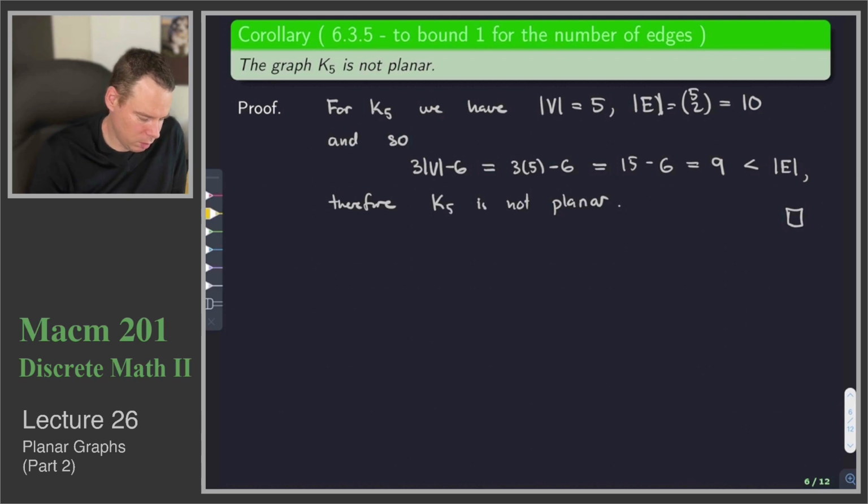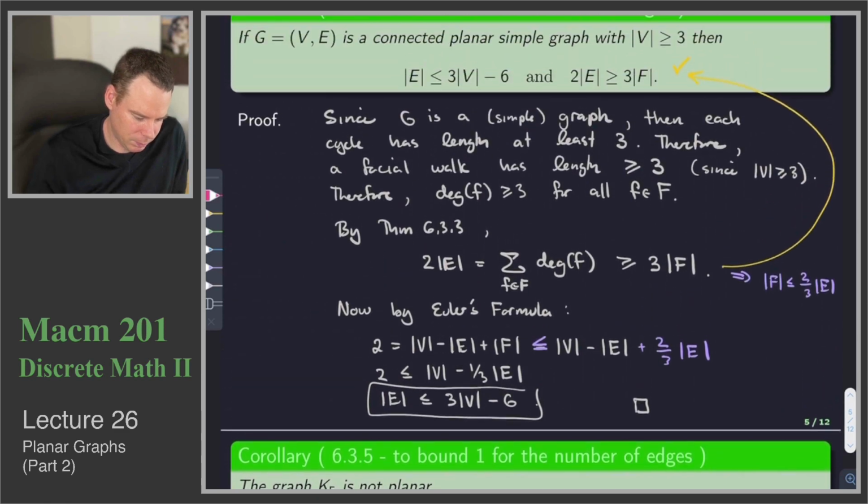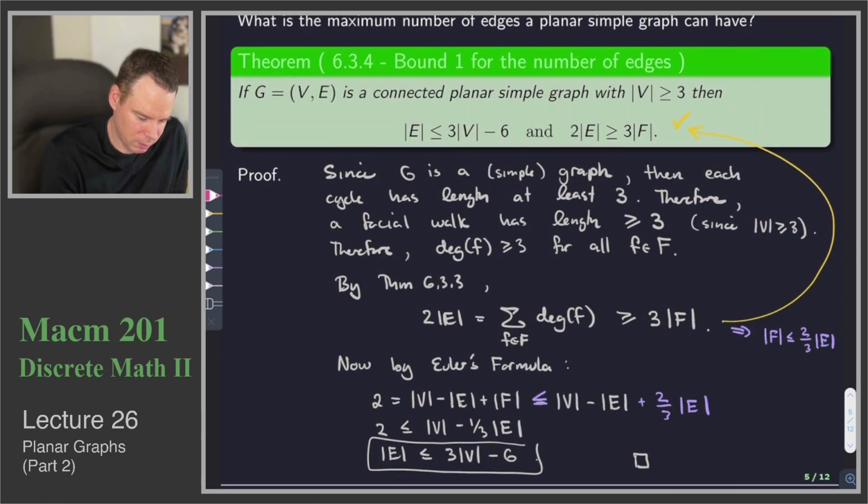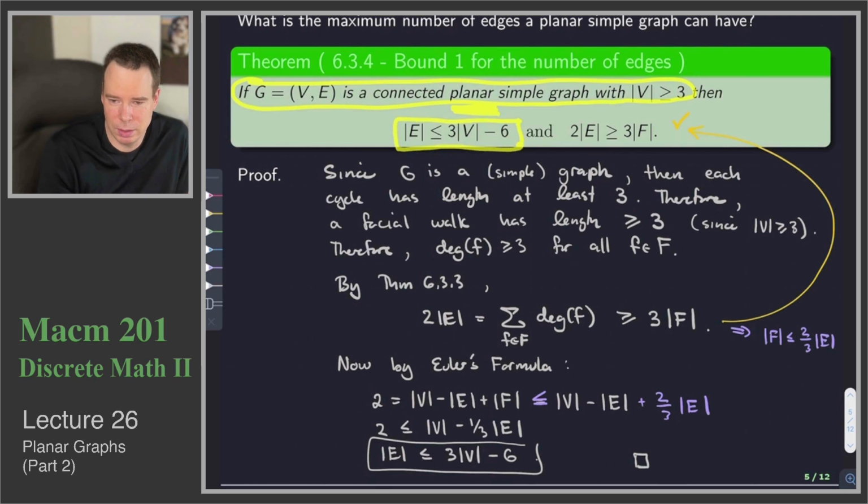Now there's one thing worth noting here, and I'll put it as a warning, and it's how to read this result, or how to read the theorem from the previous slide. So the previous slide, this theorem says that if G is connected with 3 vertices or more and planar, so if it's a planar graph, then this has to be true of its edge set.